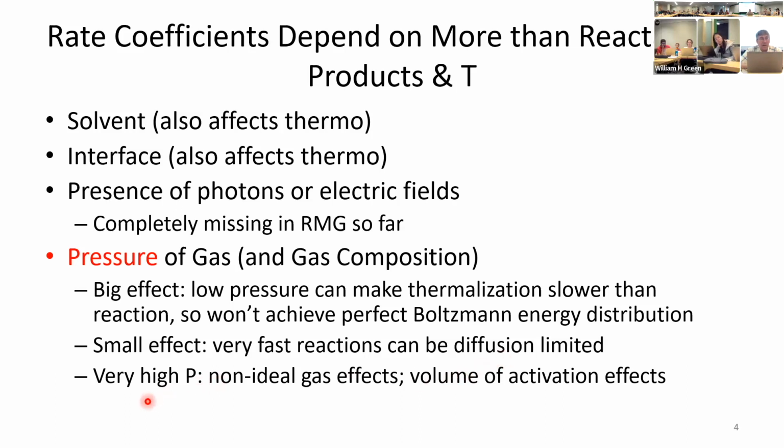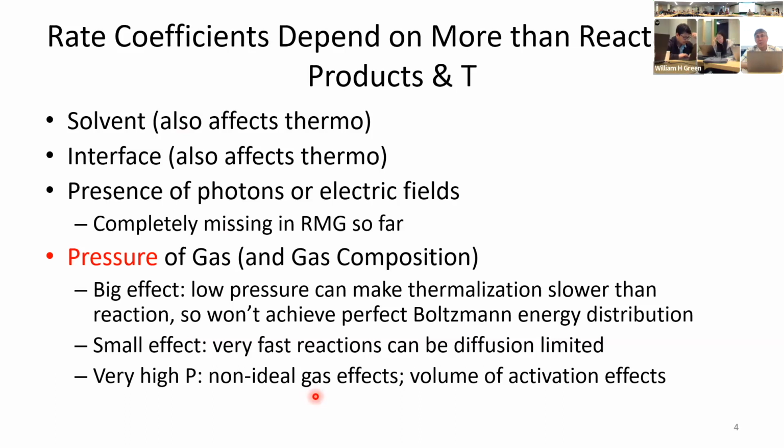And then finally, at very high pressures, a whole bunch of new things happen. You then have a non-ideal gas, and it really affects the thermo, and it looks more and more like a solvent if you're at really high pressure. You don't follow the ideal gas law anymore.